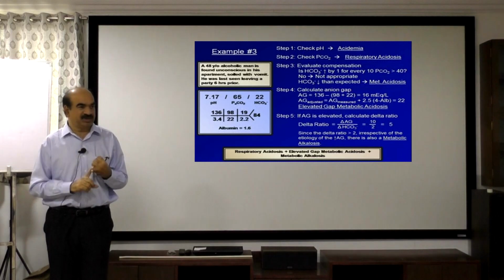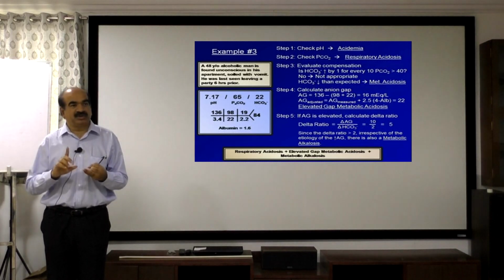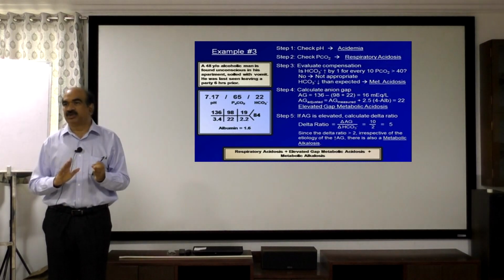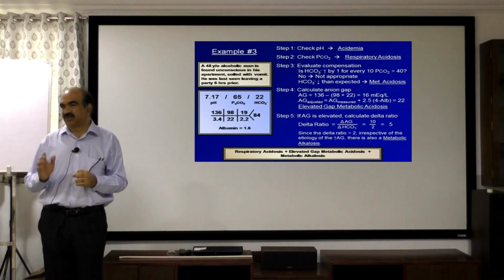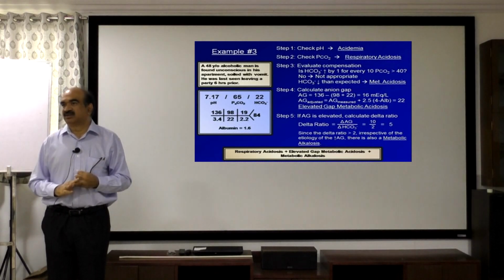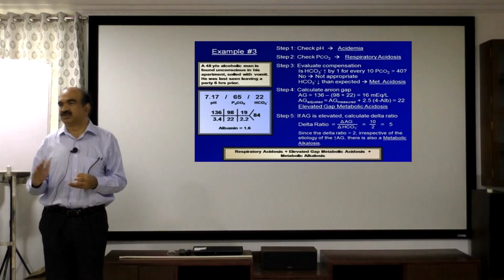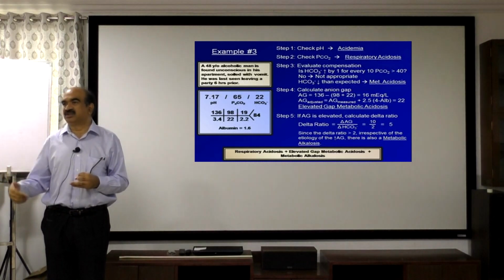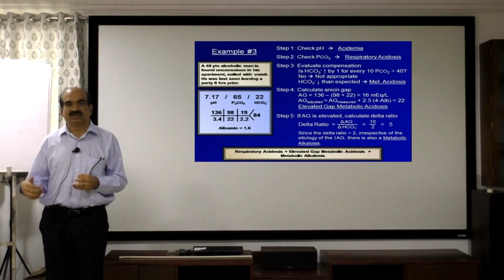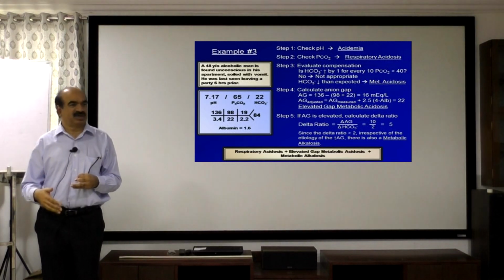That is for acute respiratory acidosis. For acute respiratory alkalosis, you remember 2 for 10. For a 10 decrease in carbon dioxide, there will be a 2 decrease in bicarb.